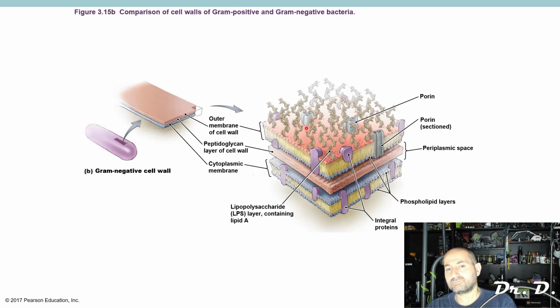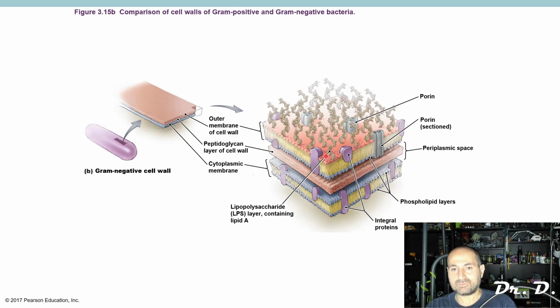There's also these porous protein structures in the outer membrane called porins. Porins allow lots of molecules through. So porins allow molecules to pass in and out of the outer membrane, and then you have your thin peptidoglycan layer, and then you have your inner membrane. So again, to review, gram-negative cells have a plasma membrane followed by a thin layer of peptidoglycan, followed by an outer membrane.